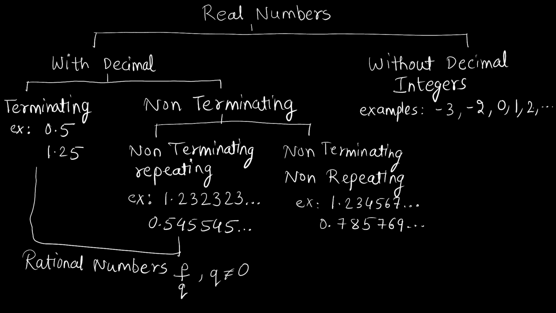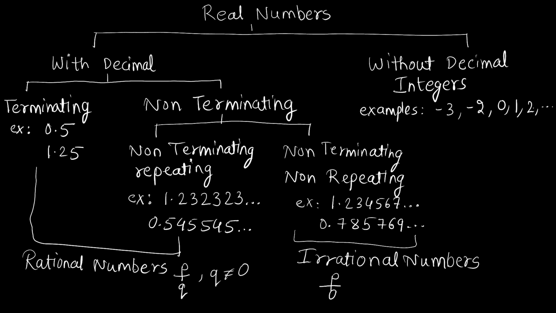Now, what about non-terminating, non-repeating decimal expansions? Such numbers are actually irrational numbers, which means you cannot write them in the form of p by q.